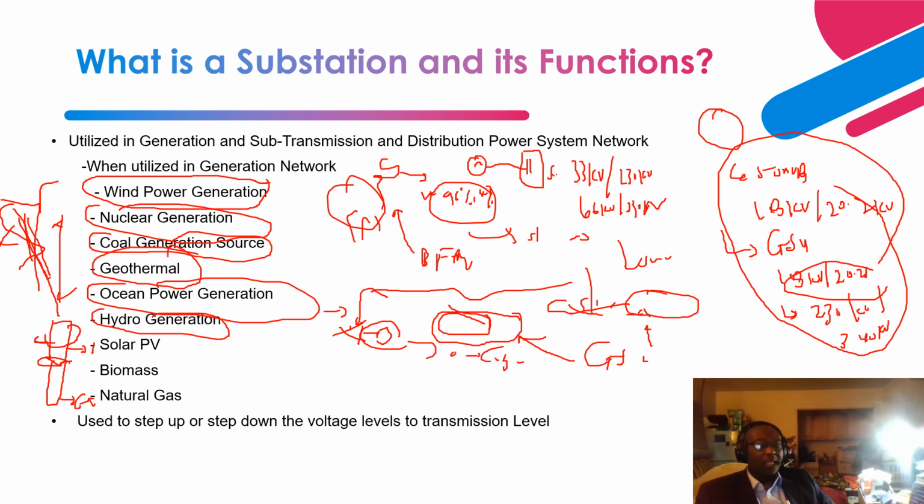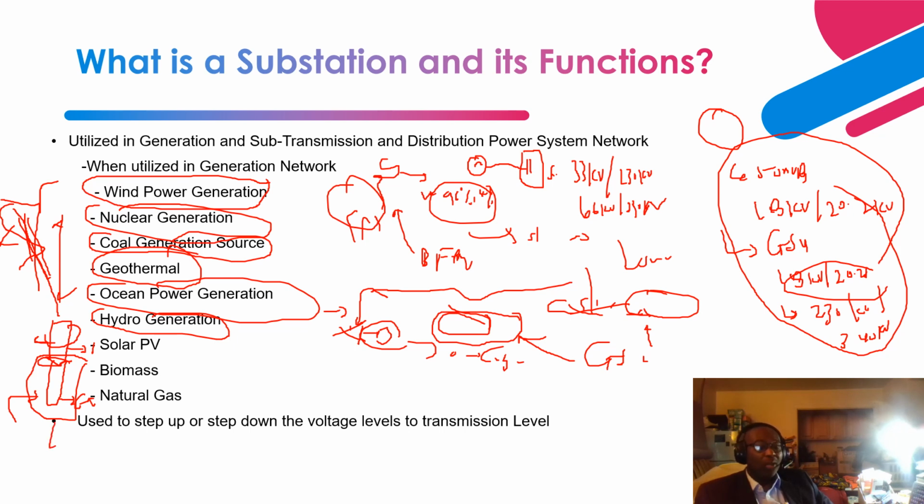And you have an excitation system that feeds the rotor winding to create a magnetic field. As the magnetic field of the rotor rotates, it cuts the stator. There's a stator winding that is stationary, and it induces voltage into the stator coils.